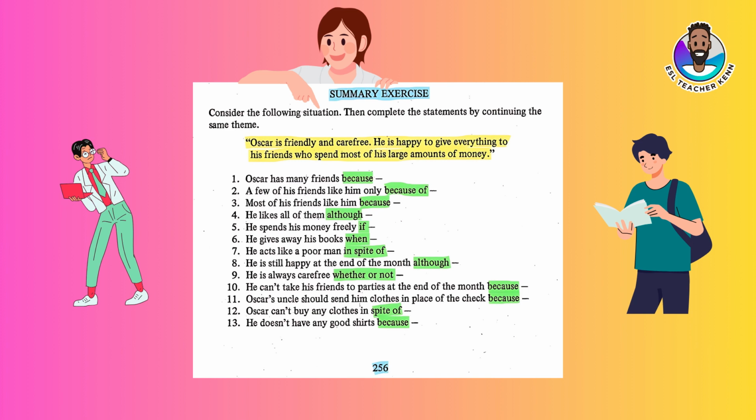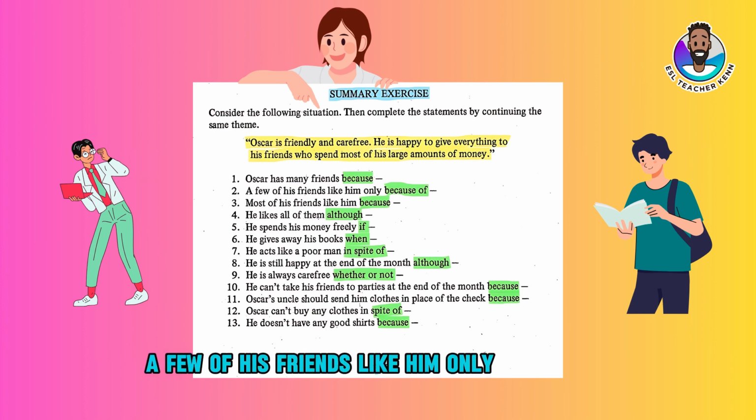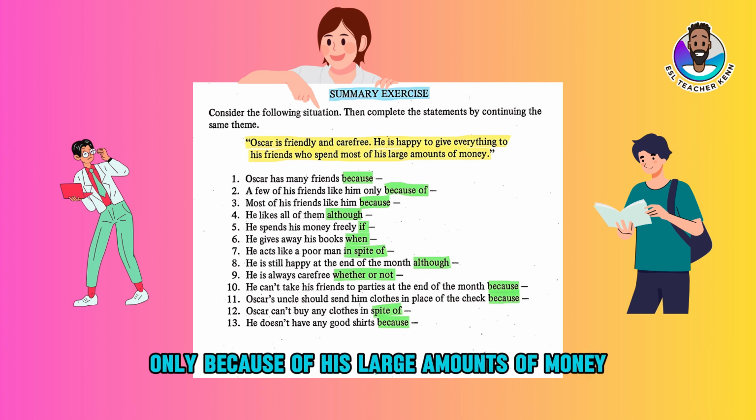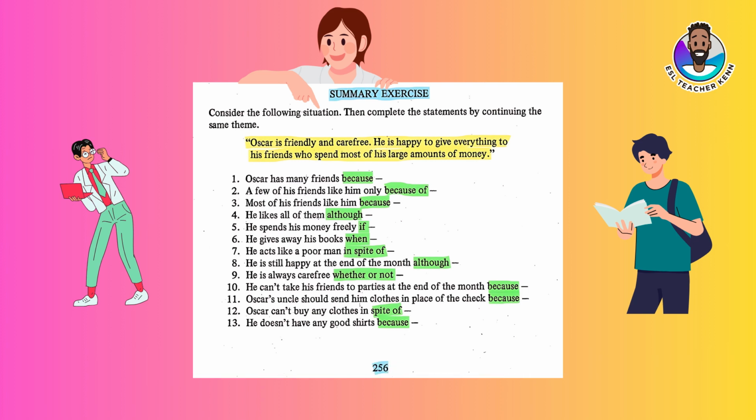Number 2. A few of his friends like him only because of... I would say a few of his friends like him only because of his large amounts of money. 3.